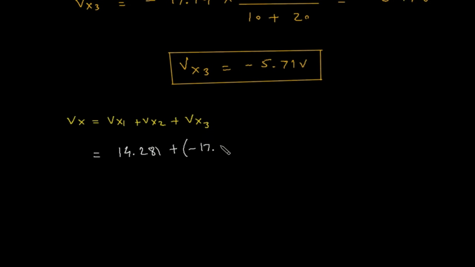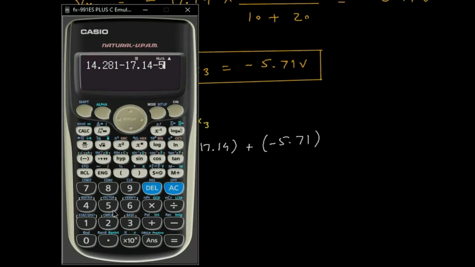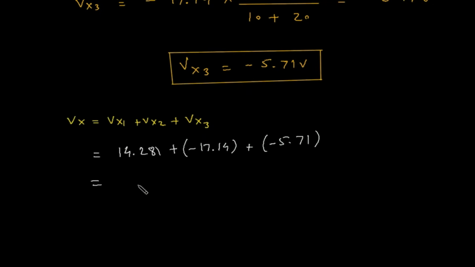So minus 17.14, then plus minus 5.71. So this will be 14.281, then minus 17.14, then minus 5.71. This will be minus 8.569. Minus 8.569 volt is the value of Vx.